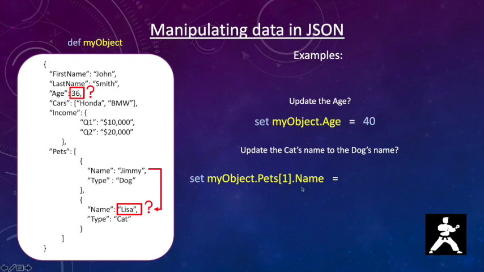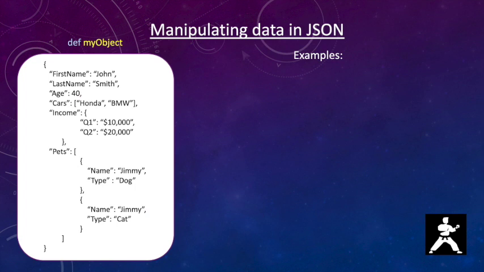And we want to replace this value with this value. myObject.pets[0], we are taking the first object in the array in this example, and we're getting the name. So we are replacing Lisa with Jimmy. And when we execute this code, we will see that age was updated and the name for the cat was updated as well. Okay, moving on.